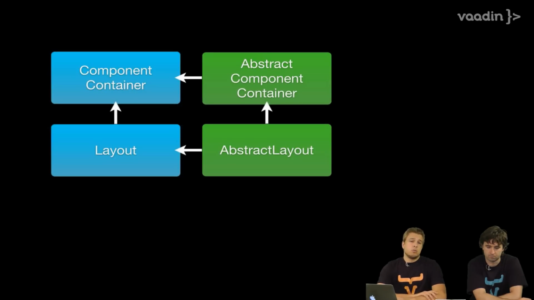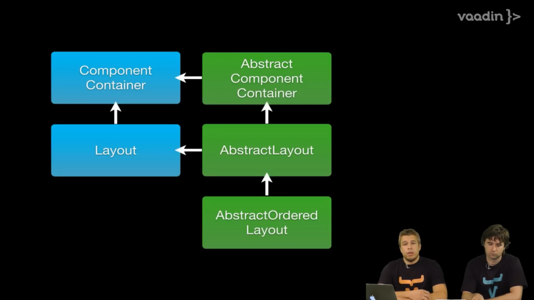So these three layouts cover everything that there is in the abstract layout inherited classes. Maybe the most common layouts that come with Vaadin are vertical and horizontal layout, and they are both extended from the abstract ordered layout.